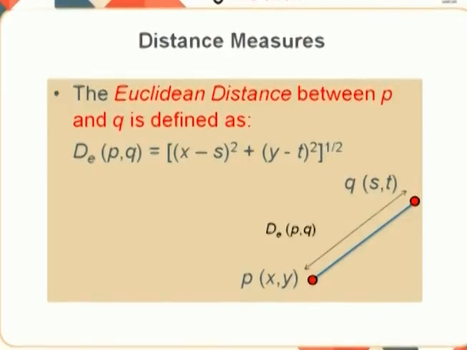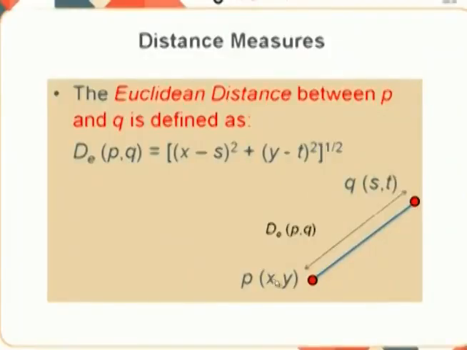In geometry, the distance between 2 points can be measured in a number of ways. One way of measuring the distance between points is by the Euclidean method, and that distance is called the Euclidean distance. Let us assume that we have 2 points, P of x comma y and Q of s comma t, where x and y are the coordinate positions of the points.